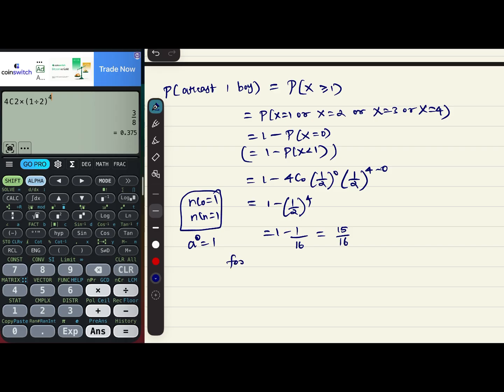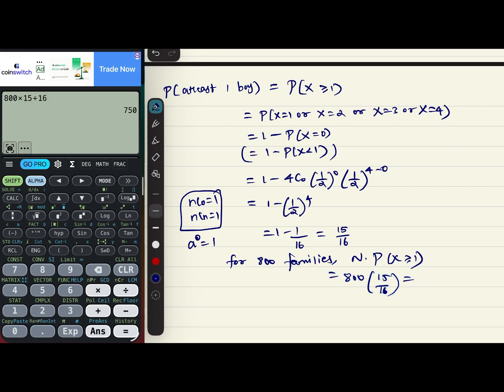So for 800 families, you get n into probability of x greater than or equal to 1. It's going to be 800 multiplied with 15 by 16. So how many times it goes, you can see here in the calculator. 800 multiplied by 15 divided by 16.